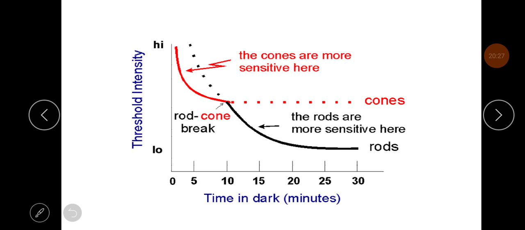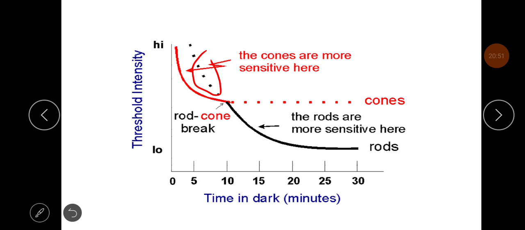Here you can see there is an increase in the sensitivity of the cones and a decrease in the threshold. That occurs initially with the cones. Then there will be activation of the rhodopsin, which increases the sensitivity of the rods.